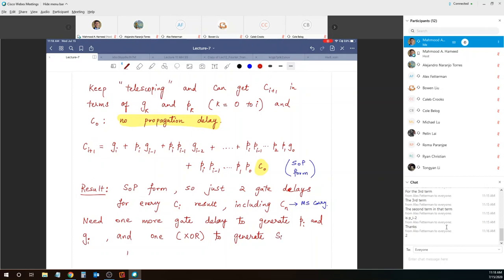So what is the total? Total would be 4 gate delays. 4 gate delays to do the entire addition. Exclusive OR for the sum is included, generate and propagate functions are included, the carries are included, all of them. 4 gate delays for everything. The best news is it is independent of n.